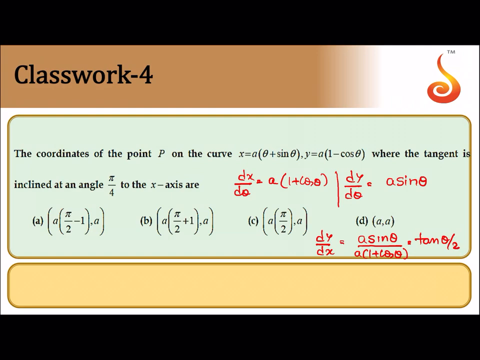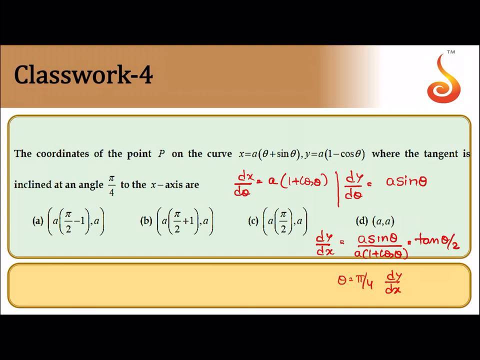So dy by dx will give you a sin theta divided by a into 1 plus cos theta. So this will give you tan theta by 2. Why? Sin theta is 2 sin theta by 2 cos theta by 2. 1 plus cos theta is 2 cos square theta by 2. We get tan theta by 2.